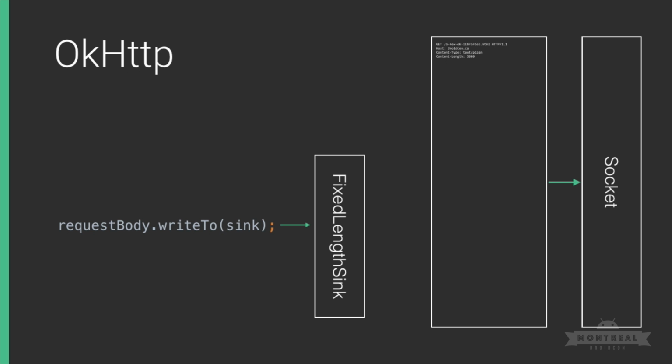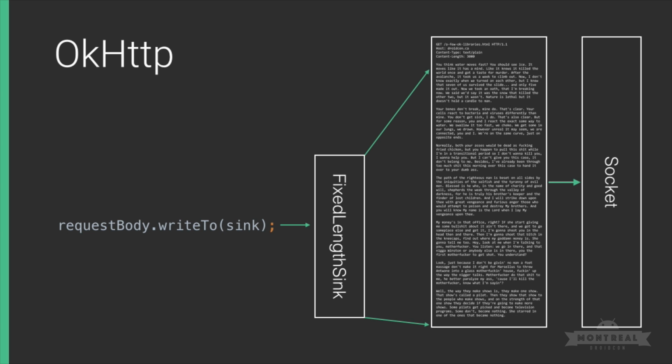And it's going to attach that sync to its sync. So as your request body starts writing data into the buffered sync that is supplied, it's actually going to be writing directly to the sync that OkHttp is using, which is directly attached to the socket.